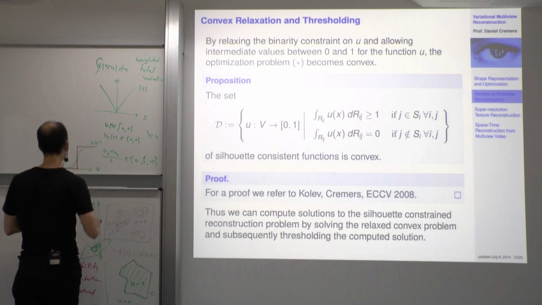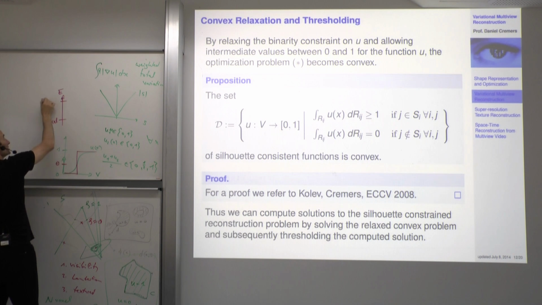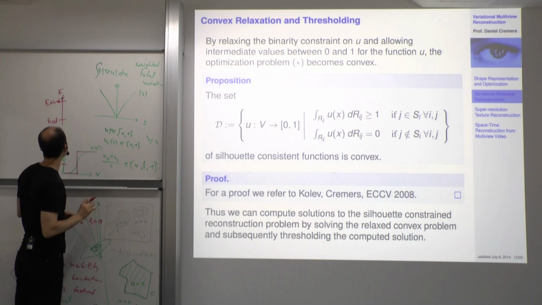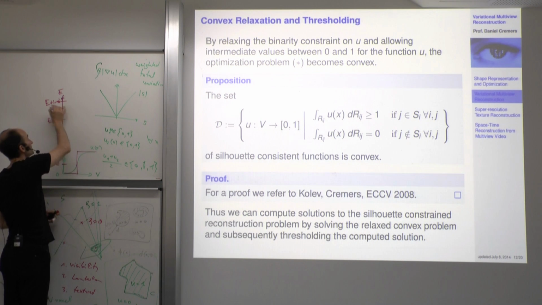If I have my energy scale here, E, then the relaxed solution has the energy E relaxed. The thresholded solution, E thresholded, has this one. And now the optimal binary solution has a cost that is the lowest possible cost among all binary functions. And so it's invariably here, in between these two.